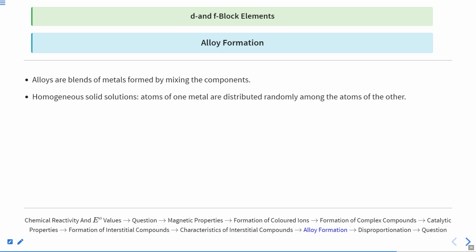Now we'll talk something about alloys also. We'll go into more description in the next class, but for now just look at it and get an idea about what an alloy is. An alloy is basically a blend of two or more components.